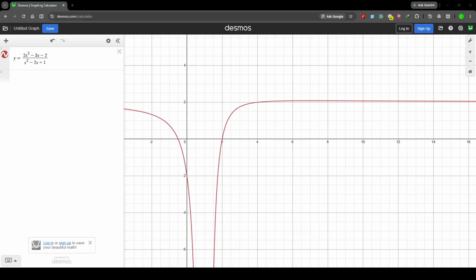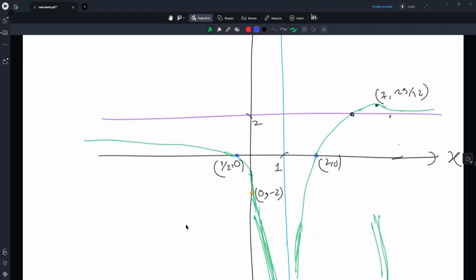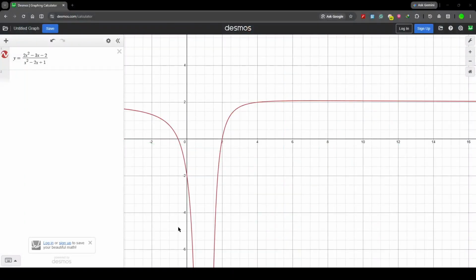It kind of looks the same as my graph. All right, if I go back to mine, I tried to make my point here. Let me show you. Look at this. This part is correct. This part is entirely correct.